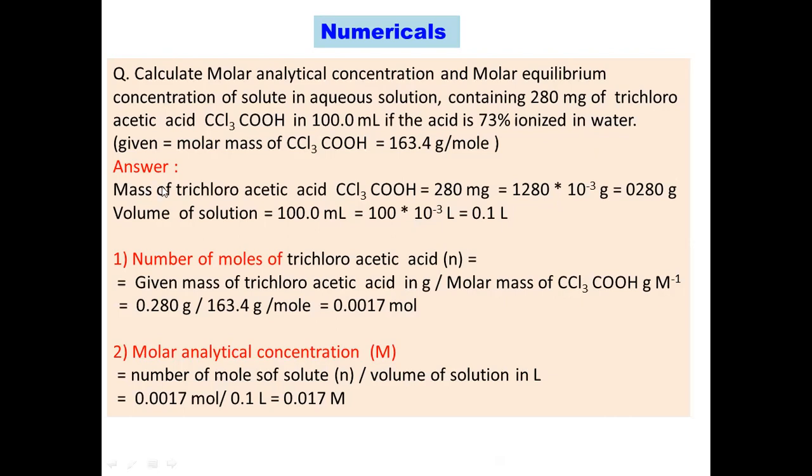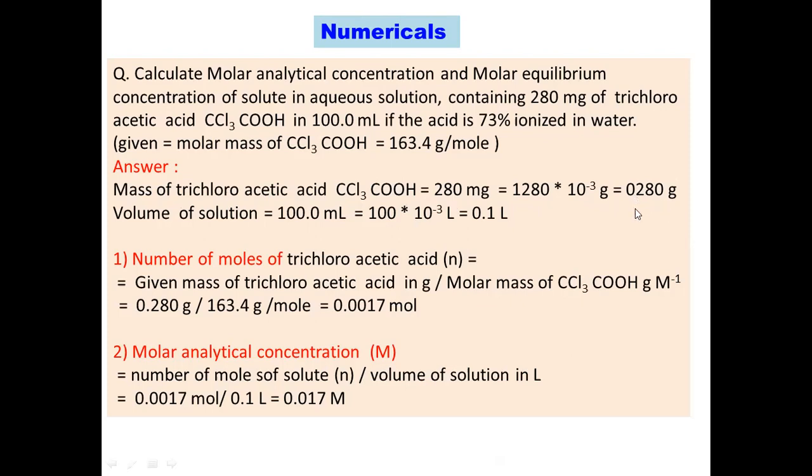So here are the given quantities. The mass of trichloroacetic acid is given here, 280 milligram, and that is converted into 280 into 10 raised to minus 3, so that is 0.280 gram.